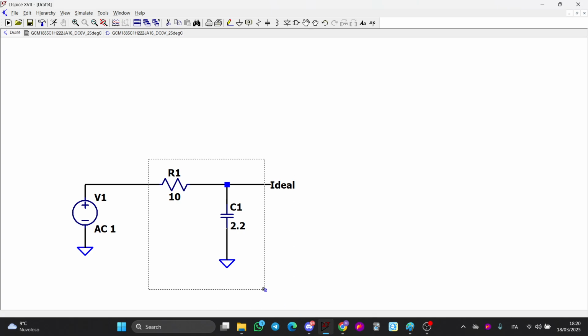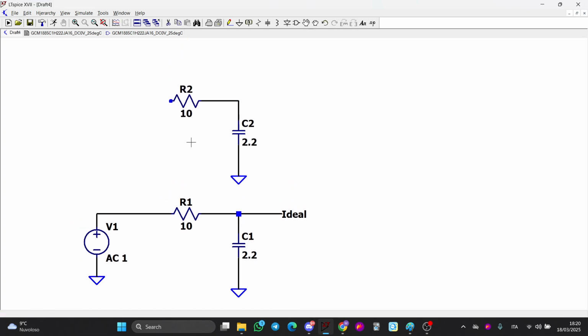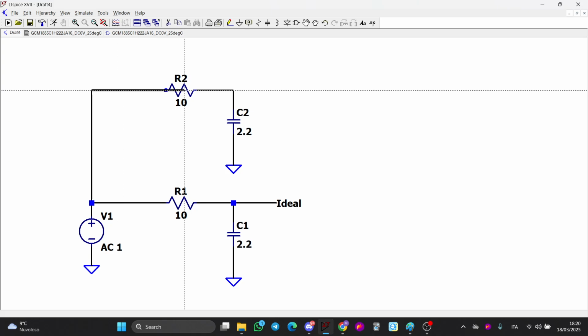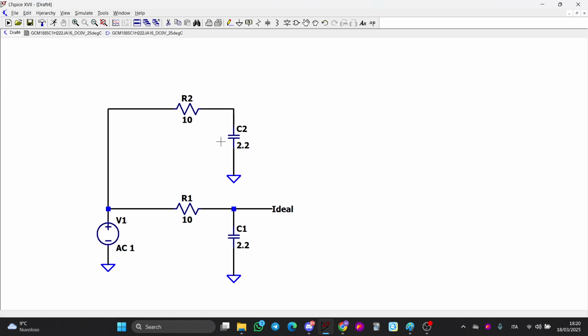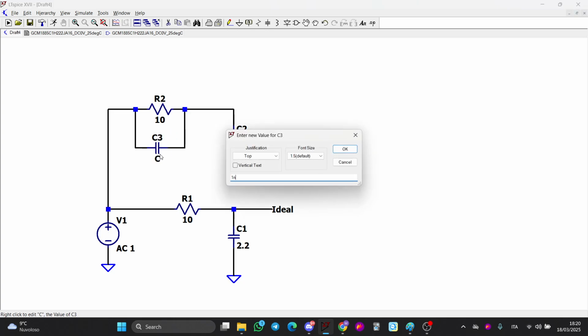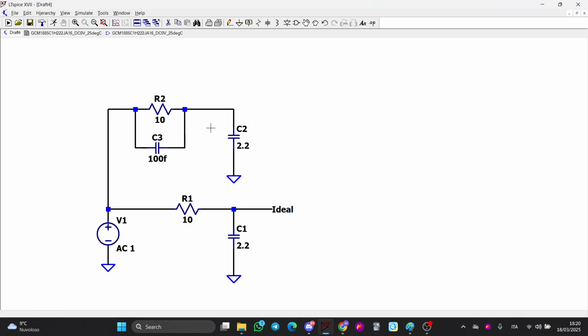Now we will make another model using all of the stuff above, using of course more or less values which make sense. So you don't have to put 1 nano here because it doesn't make any sense. But 10 femto, 100 femto can make sense.